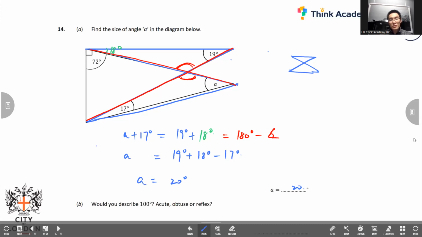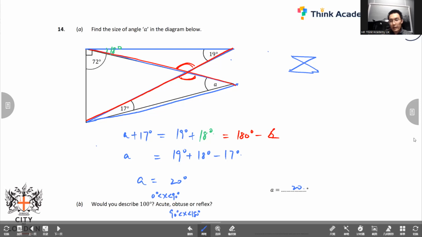And question B, how would you describe 100 degrees? Acute, obtuse, or reflex? And we know acute angles are angles that are less than 90 degrees, so between 0 degrees and 90. And obtuse angles are angles between 90 degrees and 180 degrees.